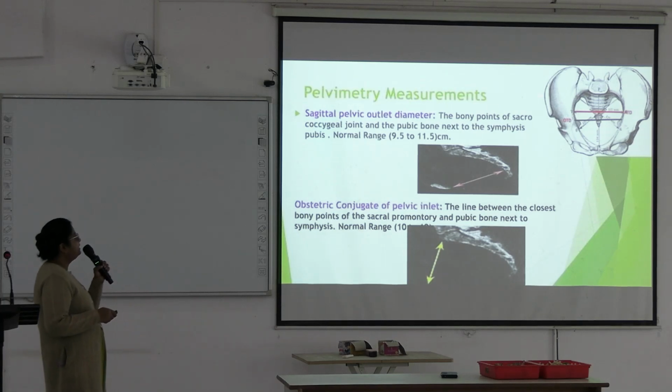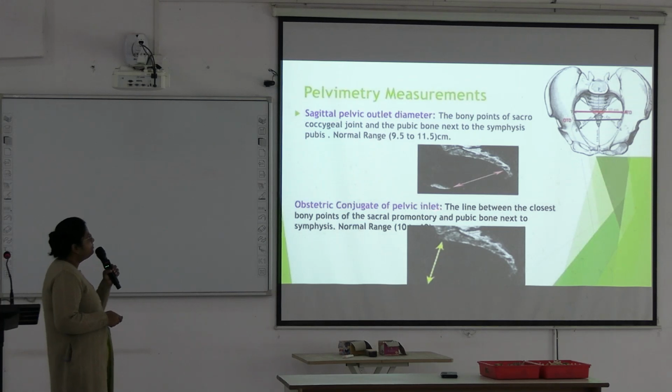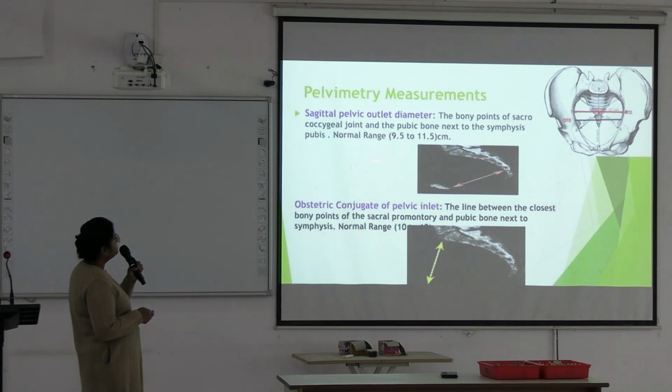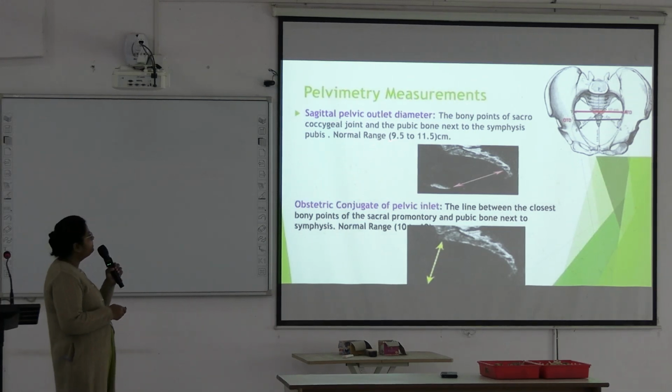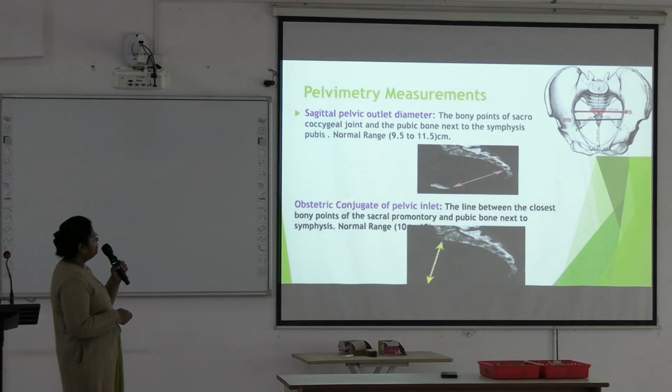sagittal pelvic outlet diameter, between the bony point of the sacrococcygeal joint and the pubic bone next to the symphysis pubis. Normal range is 9.5 to 11.5. And what is the obstetric conjugate of the pelvic inlet? This is the line between the closest bony points of the sacral promontory and the pubic bone next to the symphysis.